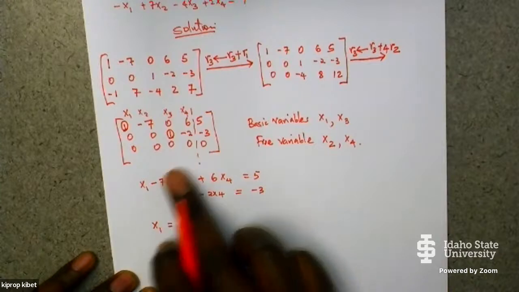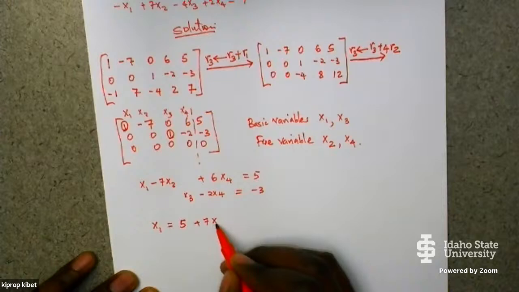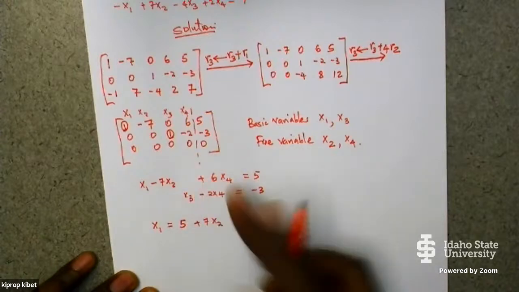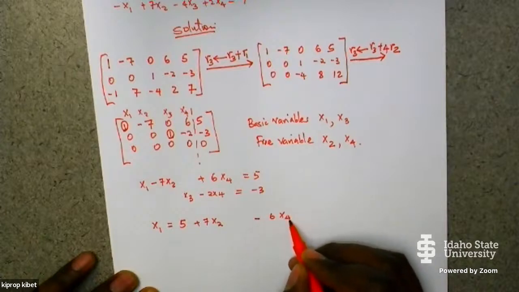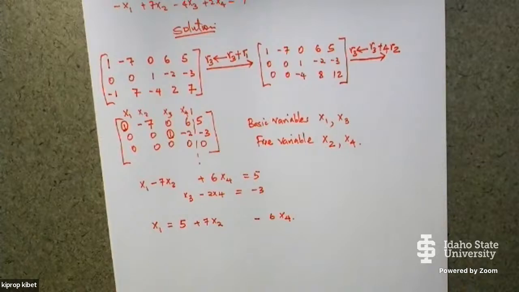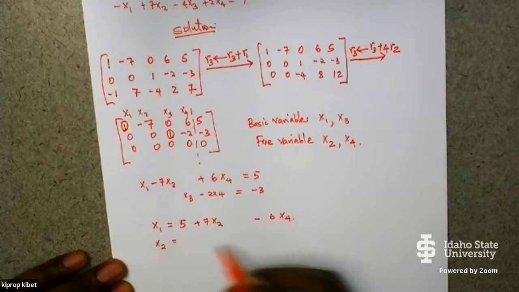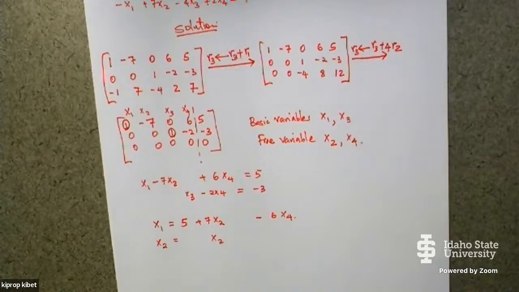So we bring our x2, so it will be plus 7x2. x3, we don't have it. x4, which is minus 6x4. So our x2 is a free variable. So x2 equals x2. So that is our free variable.